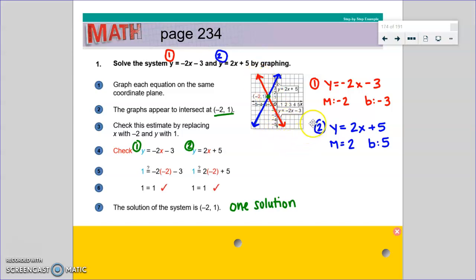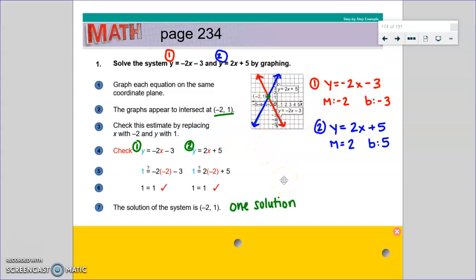Once we have our first line, we graph our second line, which you can see here in blue, is that 2x plus 5. My slope is a positive 2. My y-intercept is a positive 5. So again, we start at our y-intercept. We notice we can't go up 2 and over 1, so we can use our trick of going backwards to find more points. And once we graph these lines, we notice that they are intersecting.